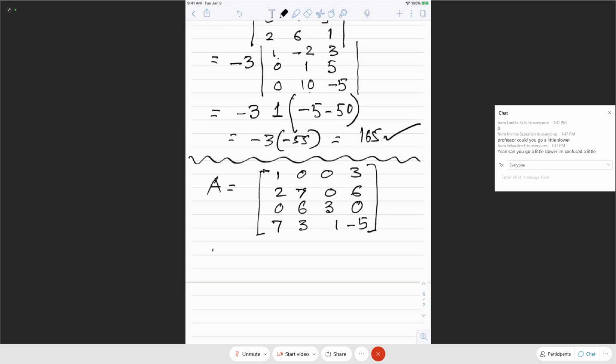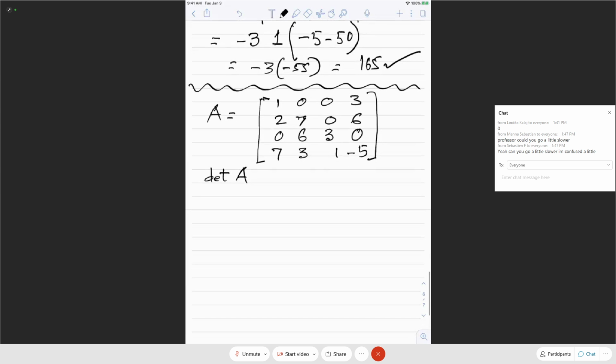The question is the determinant of A. So determinant of A is 1, 0, 0, 3, 2, 7, 0, 6, 0, 6, 3, 0, 7, 3, 1, minus 5.